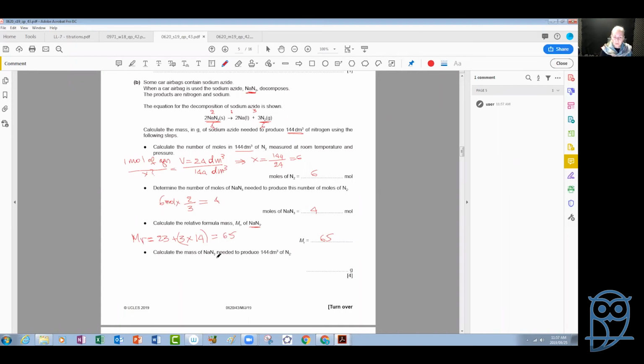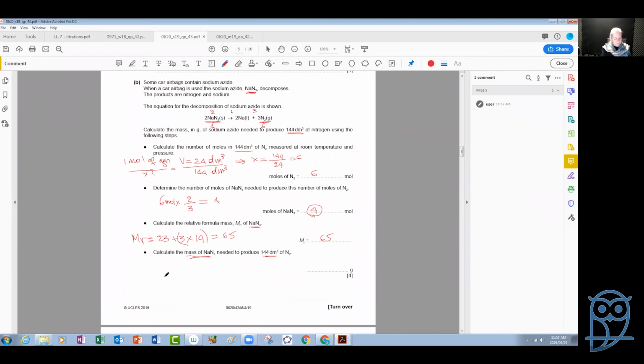Calculate the mass of sodium azide needed to produce 144 cubic decimeters. Finally, now that we have all this information, we can calculate the mass needed to produce this volume. We have the amount in moles of sodium azide, so we can find its mass.